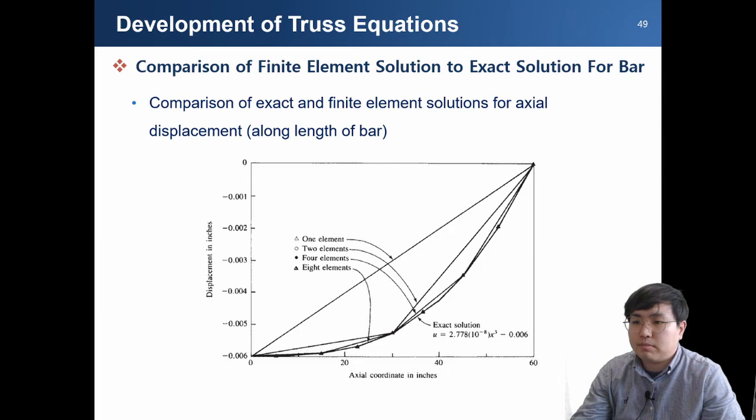So this is some simple example. If we have our displacement result, this is an exact solution of our displacement equation. If we use only a single element, we obtain exactly the same values at the nodes compared to the exact solution.